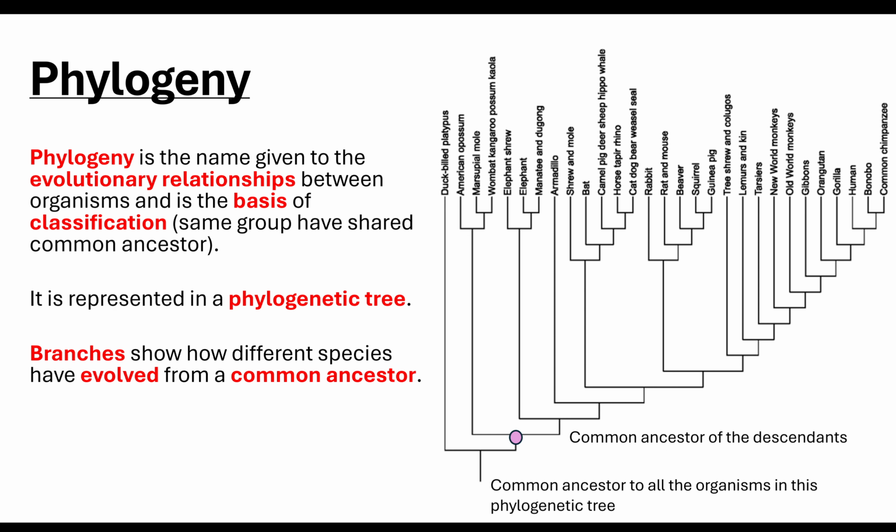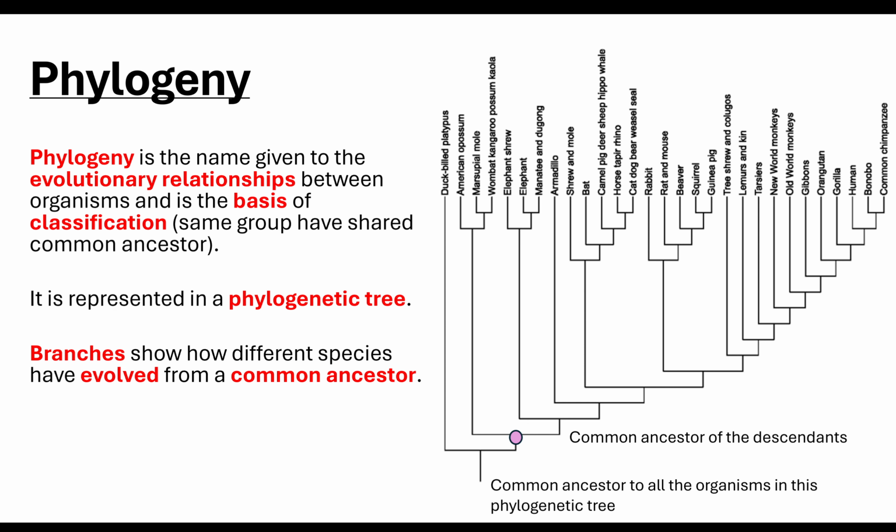As we move up, every point where there is a branching off is a common ancestor of all the descendants within those branches. Every branching off point is the last known common ancestor of the descendants from each of the branches moving up.